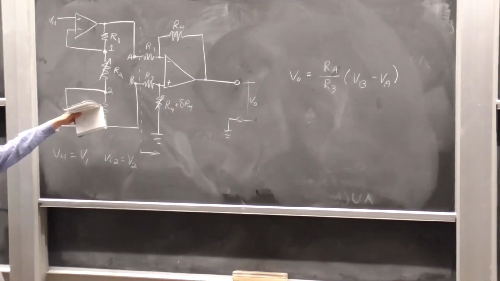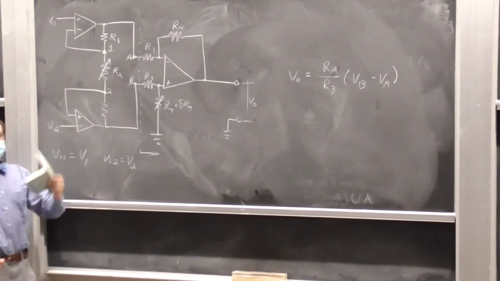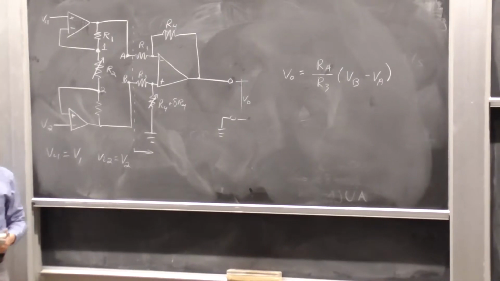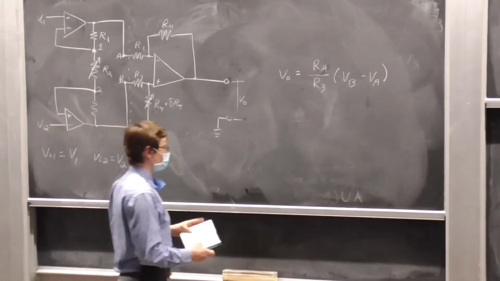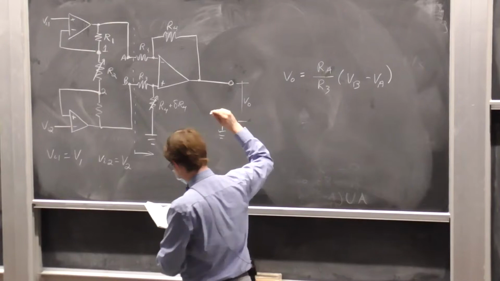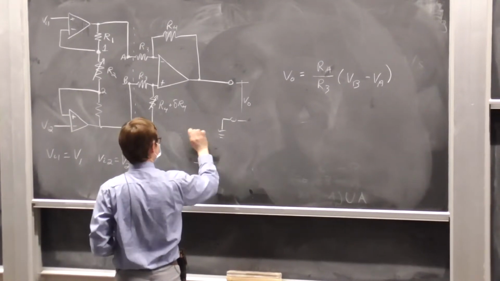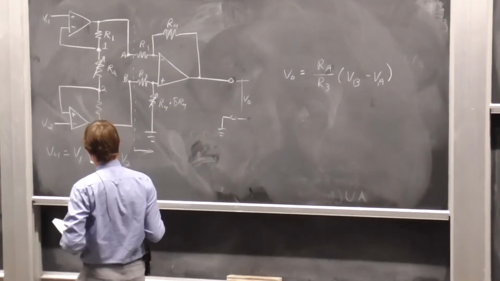So we know the voltages across the resistor R2. We can therefore derive from Ohm's law IR2, well, you know what, I'm going to do this in a slightly more organized fashion.